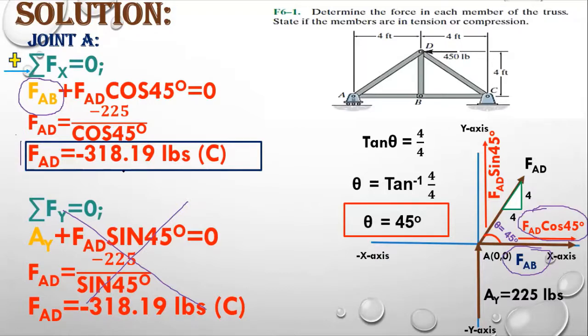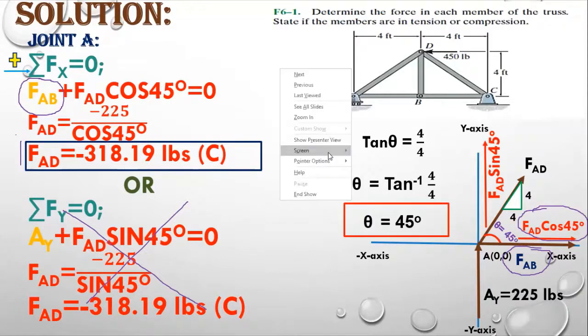If you want to sum up horizontal forces, just go for that. You will be able to calculate the one member force FAD. If you want to sum up vertical forces, it's up to you. You will get the value of FAD. So it's your choice. That's why I wrote OR here.